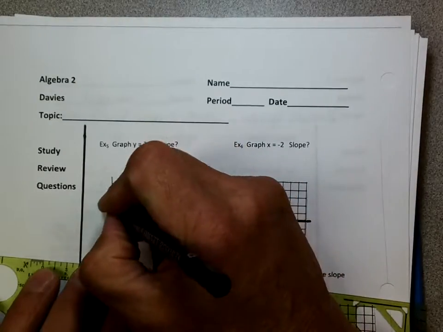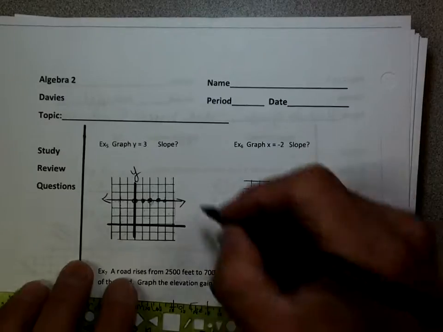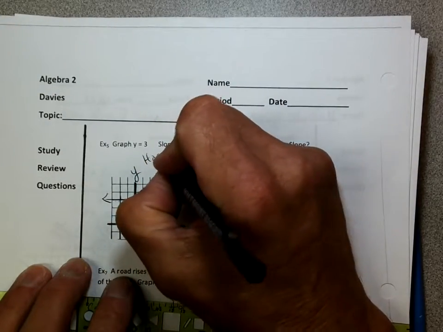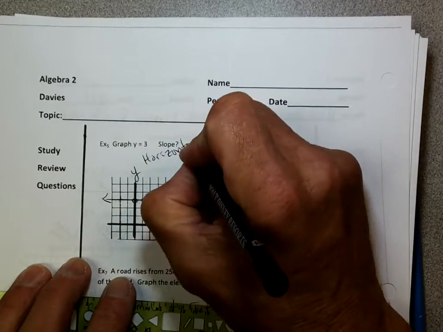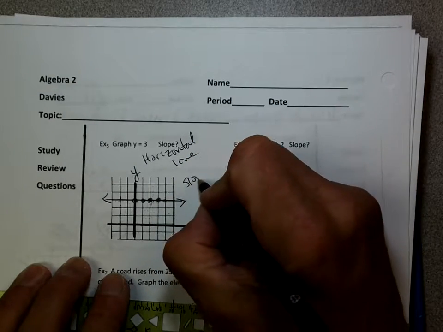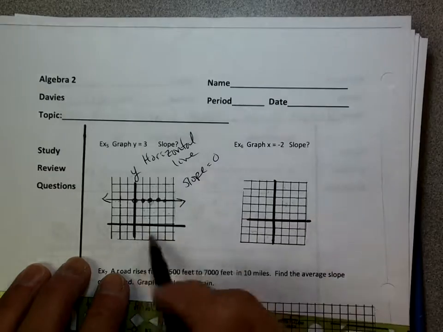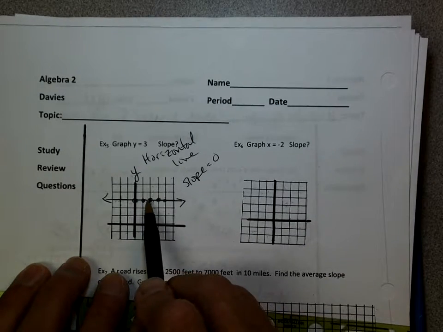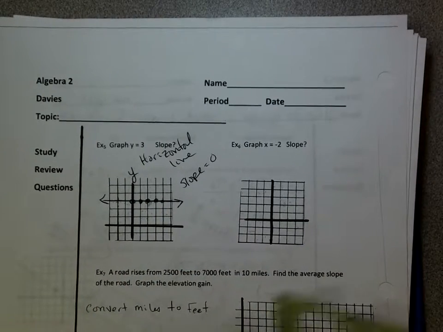If you ever have y equals just a number, it's going to be a horizontal line. And the slope has to be 0, because we're going up 0 over 1, up 0 over 1, up 0 over 1.